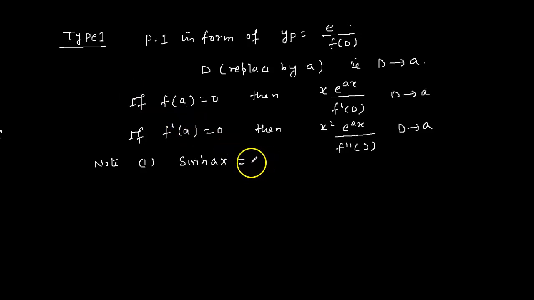No, sir, I didn't know that. So if sine hyperbolic is given on the right-hand side, we have to consider type 1 only, because sine hyperbolic can be written in the form of e to the power of x: e to the power of ax minus e to the power of minus ax, by 2. Similarly, if cos hyperbolic is given, that is also the same, only with plus in place of minus.